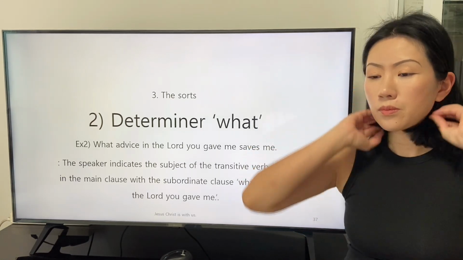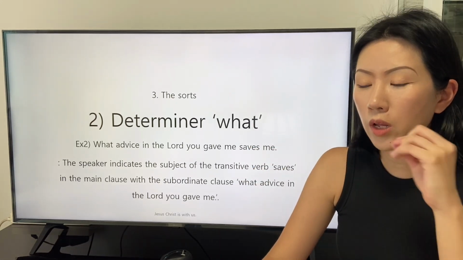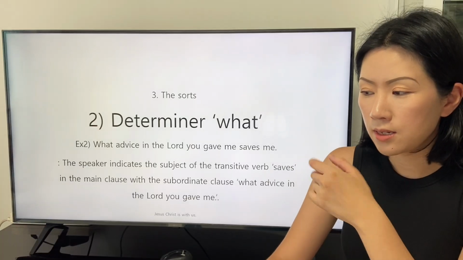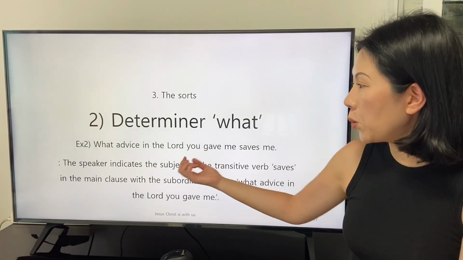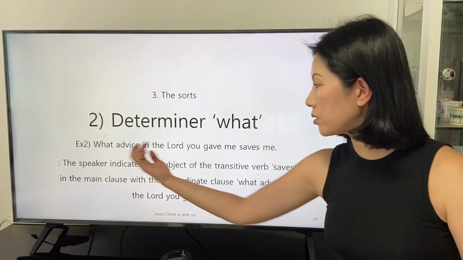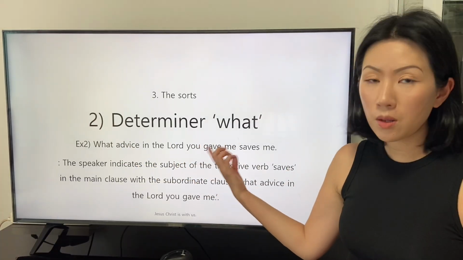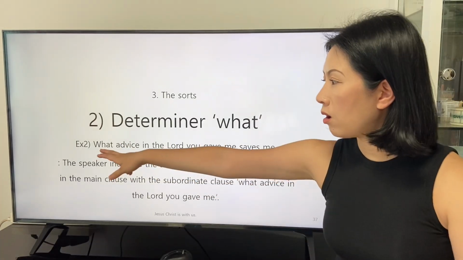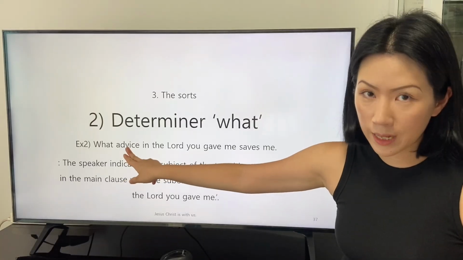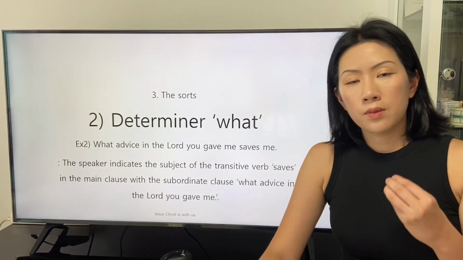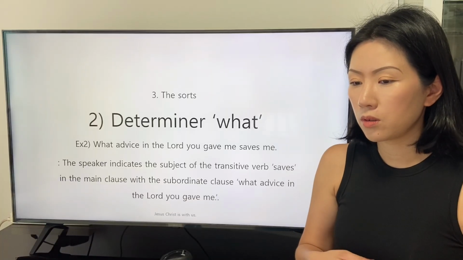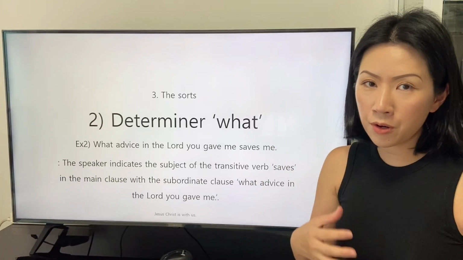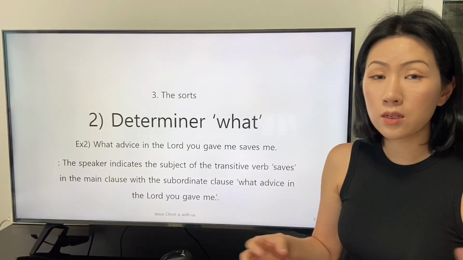So we admit that the determiner what, which links the subordinate clause to the main clause with a noun or a pronoun, derives from the interrogative determiner what.